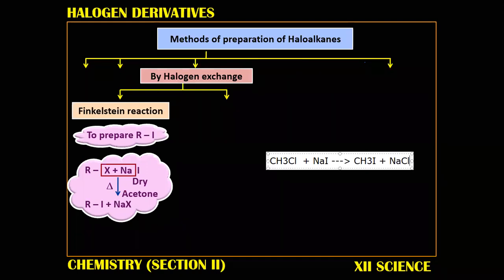See, I have written the example on the board. Methyl chloride plus sodium iodide will give you methyl iodide and sodium chloride.